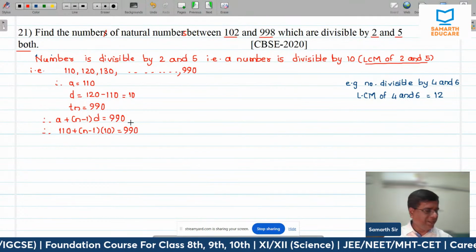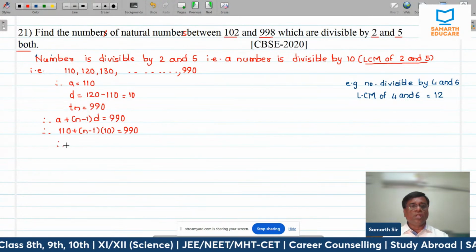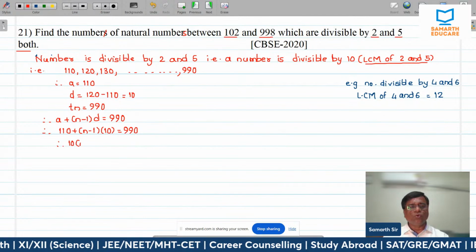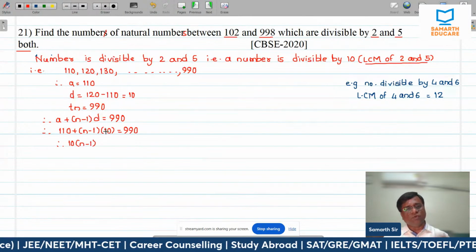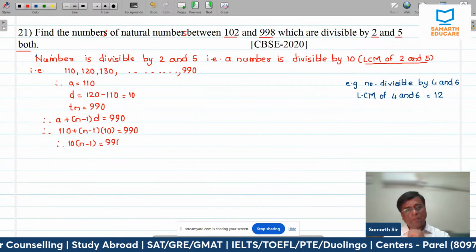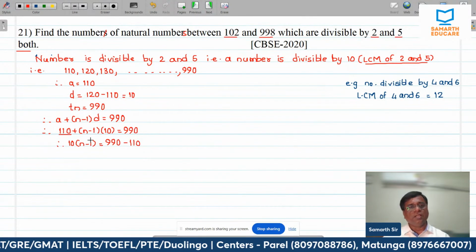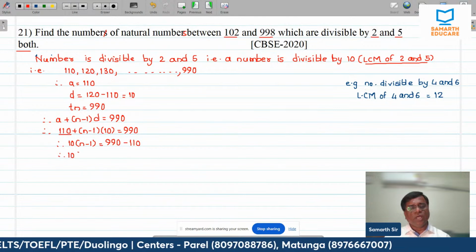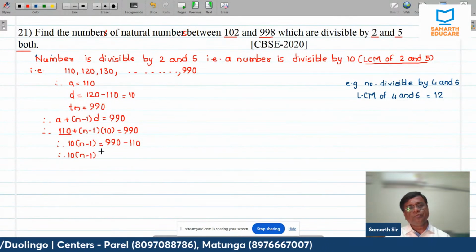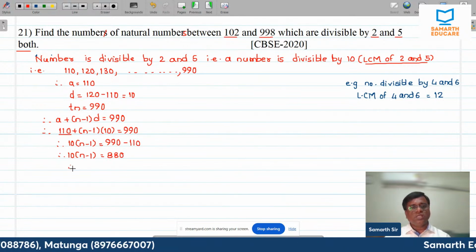Again, this can be directly divided. The whole equation can be divided by 10. But if you don't understand that, then go with the very basic process: 990 minus, take this 110 on the other side, that is 110. So we have 10 into n minus 1 is 880. Now, what is n minus 1?